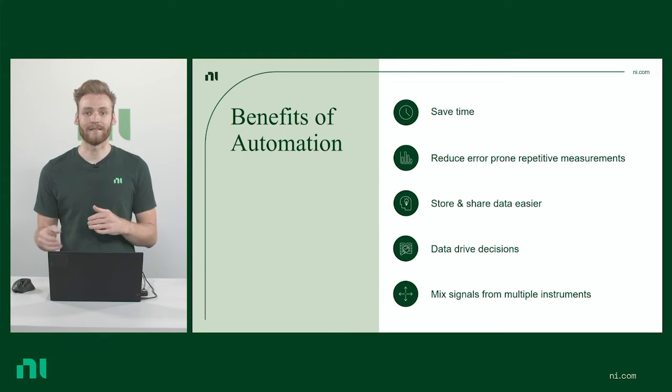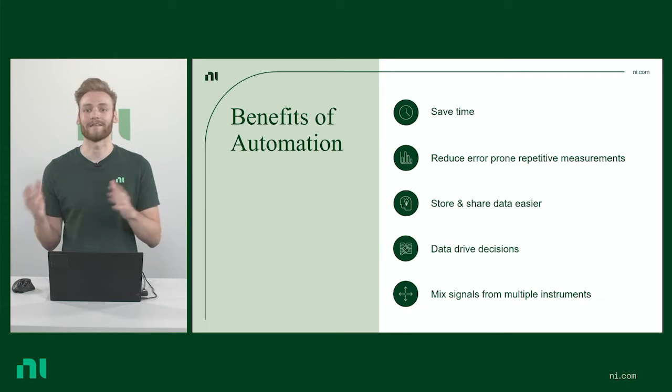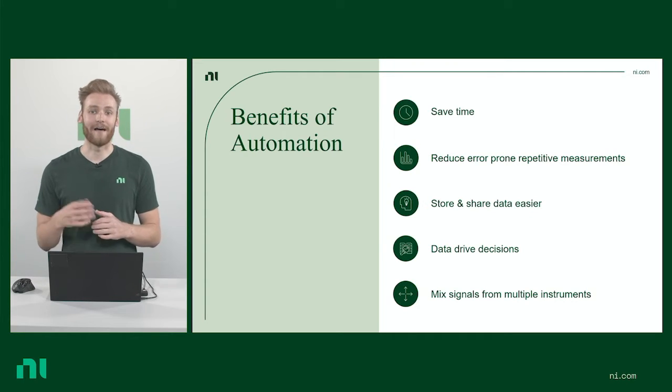While I say this, obviously not every single measurement is better off automated. There are sometimes where manual measurements make sense, and it would be a waste of time to go through that. I have some resources that I'll talk a little bit more about later on that will help you make that decision of whether you should automate your instrument.